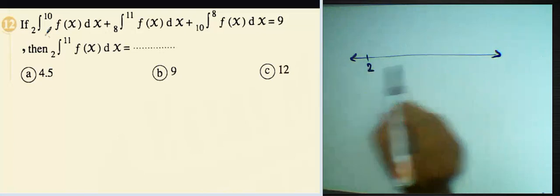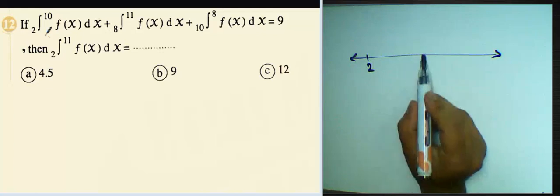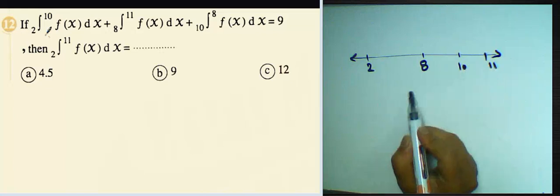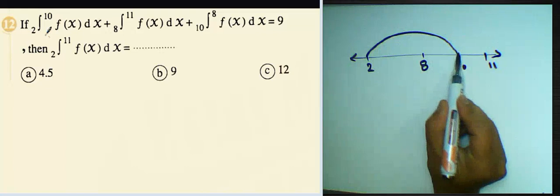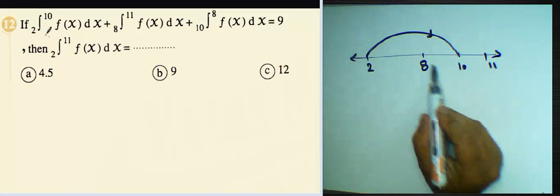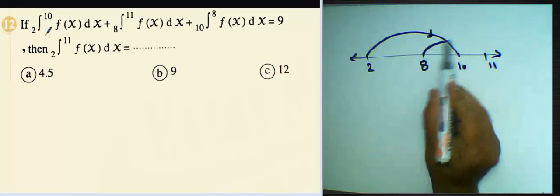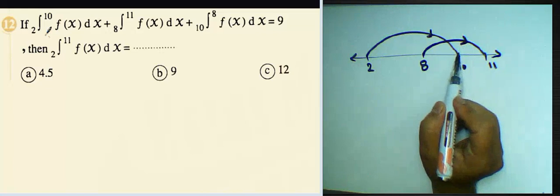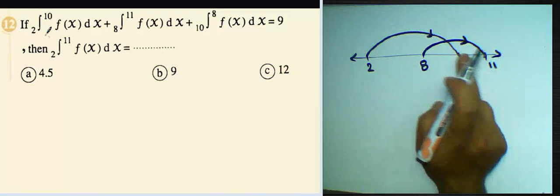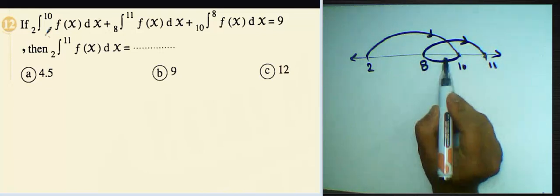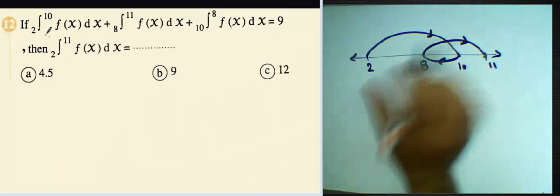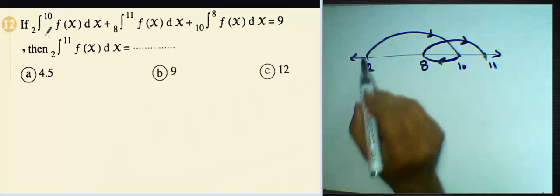Right here 2 and 8 and 10 and 11. 2 plus 10, plus 8 plus 11, plus 8 plus 11, plus 10 plus 8, plus 10 plus 8, integration from 10 to 8, all the result here equals 9. We want to find the integration from 2 to 11.